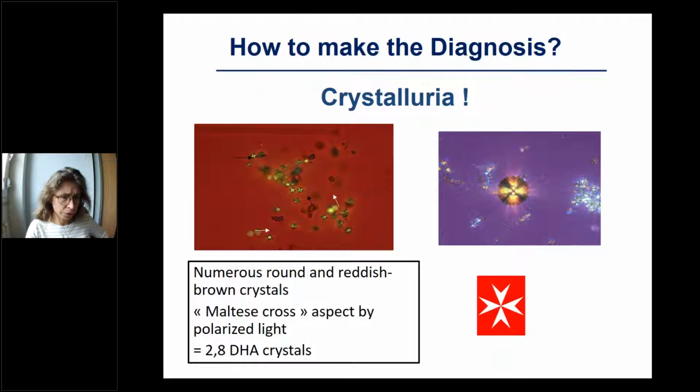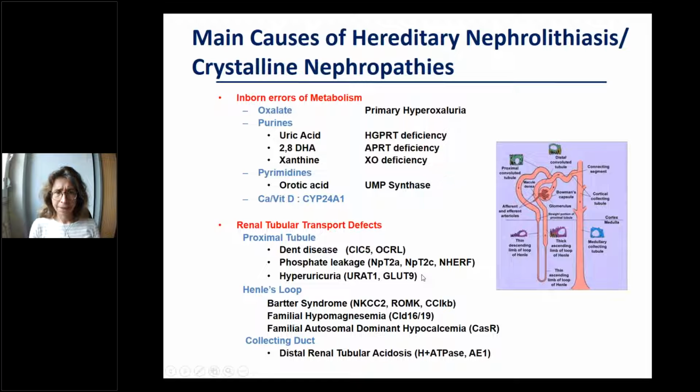If you perform the crystalluria, we'll see these round and reddish-brown crystals with a very specific aspect, or a Maltese cross like this, using polarized light. And this is really pathognomonic of 2,8-DHA crystals. So we are here in the family of APRT deficiency, leading to 2,8-DHA crystals.